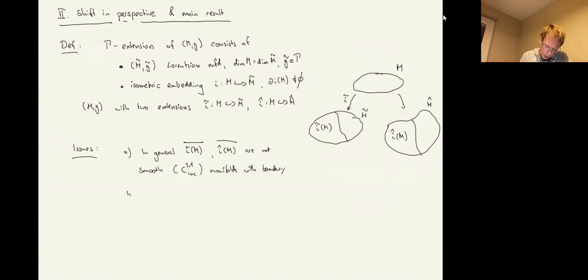And another point, a minor point, but even if the boundary is smooth, this closure might not be a manifold with boundary.